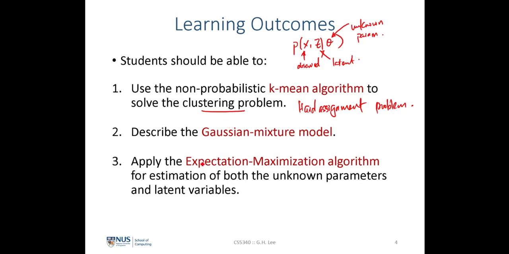Finally, we'll look at how to solve this probabilistic distribution, where we infer both the latent random variable as well as the unknown set of parameters describing the underlying probability distribution, by applying what we call the expectation maximization algorithm. We'll see that this is equivalent to what we call the soft assignment problem, or the soft assignment clustering problem.